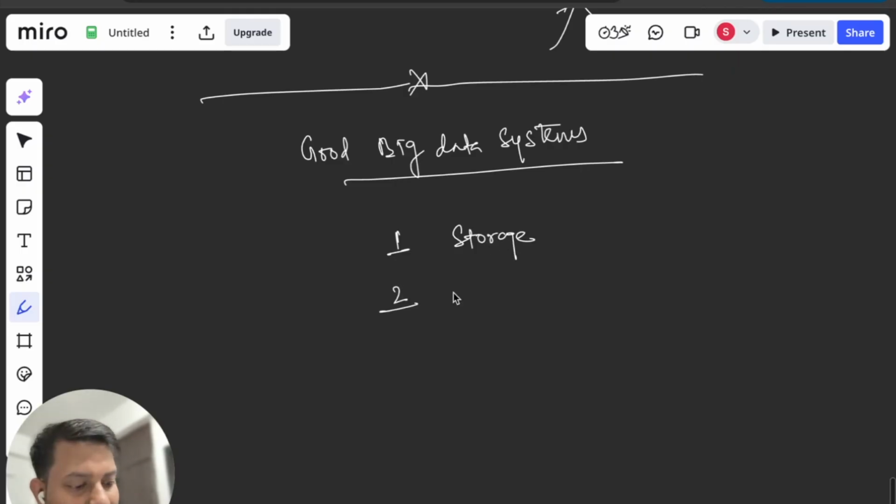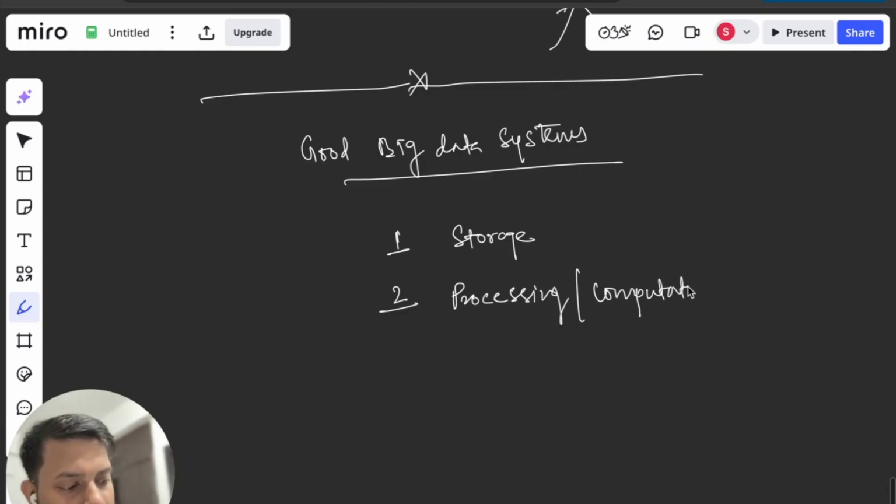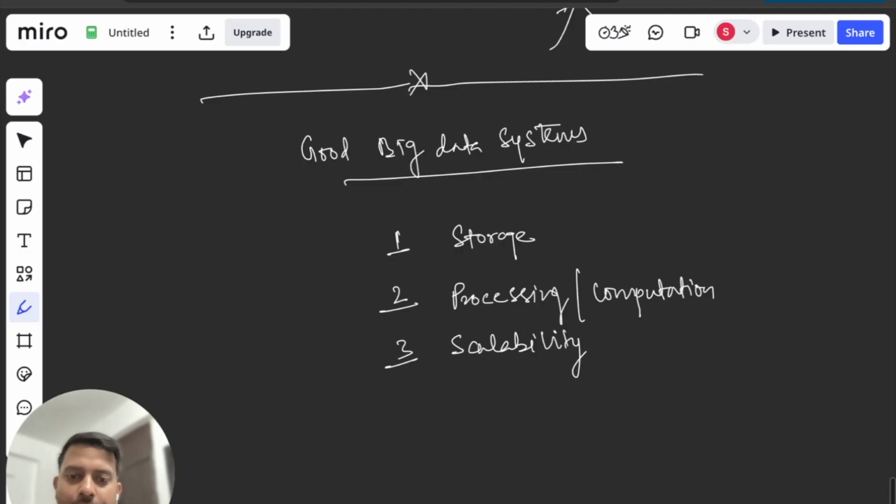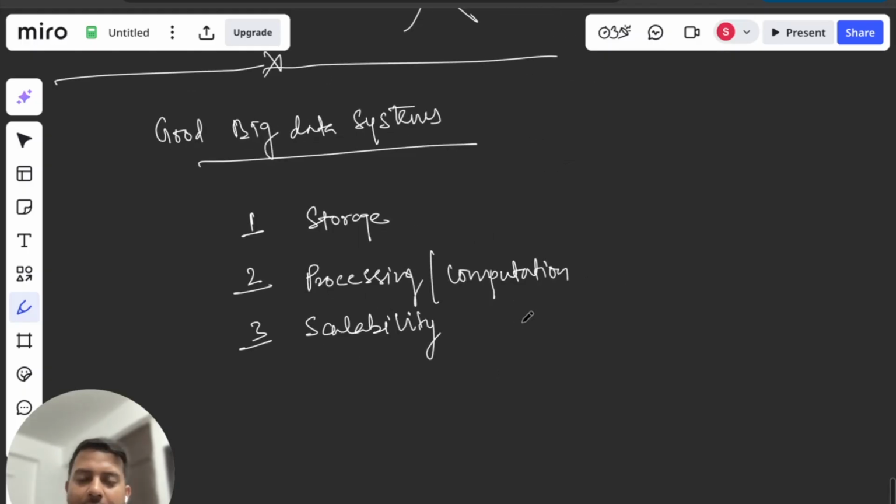Second is processing, or computation. Third is scalability. In storage, we need to see where the huge data can be stored.